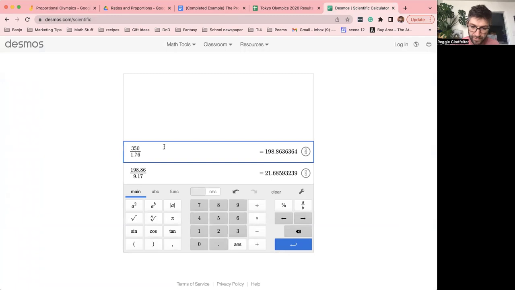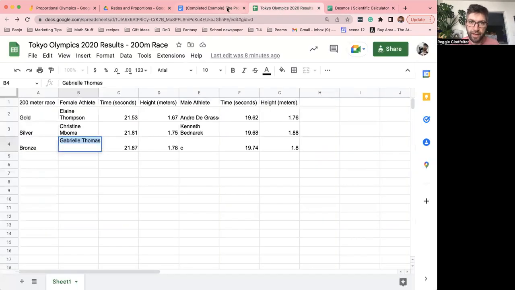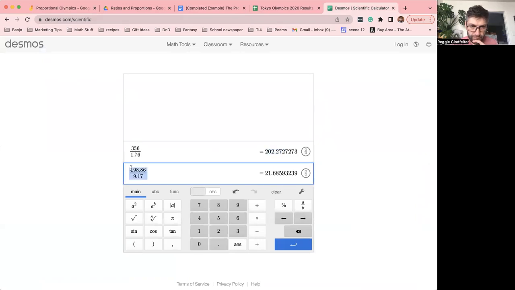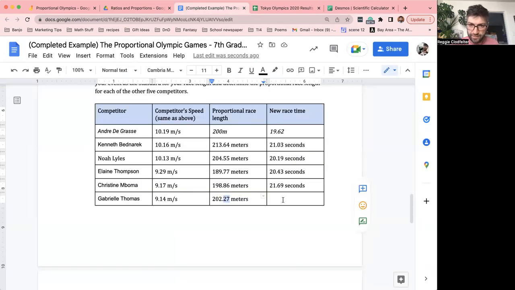So I get 356 divided by 1.76, and I get 202.27 meters. Then I divide this distance by my speed to get my seconds. So 202.27 divided by 9.14, and I get 22.13 seconds.